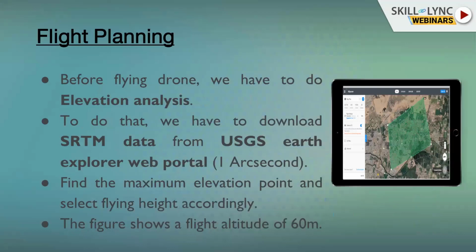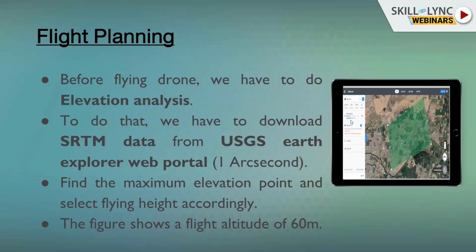Before starting flight planning, we have to do elevation analysis. Because our ground is not entirely flat, we have to find out what elevations are there in our surveyed area. Depending on that elevation analysis, we need to plan the flight.